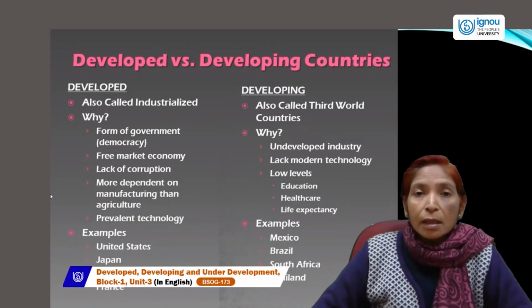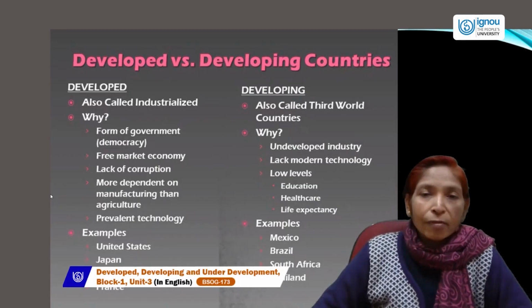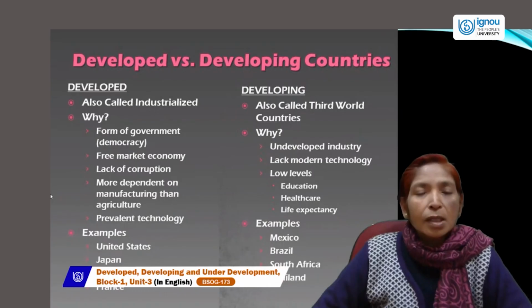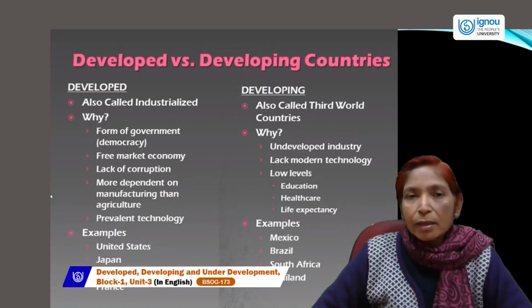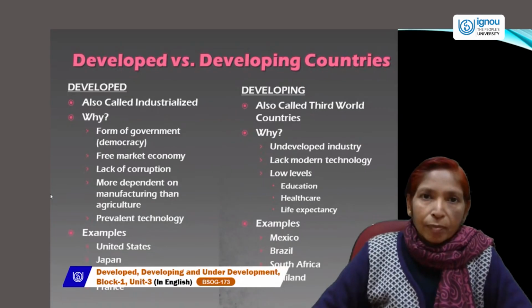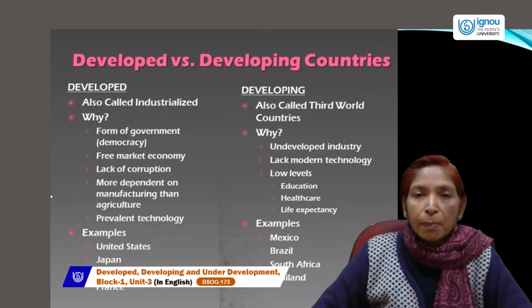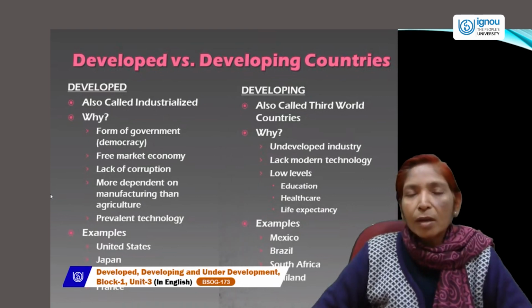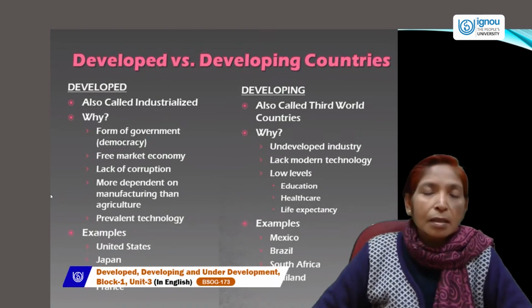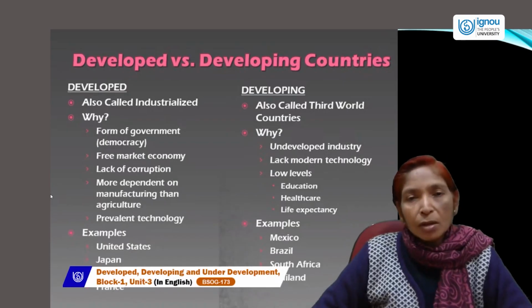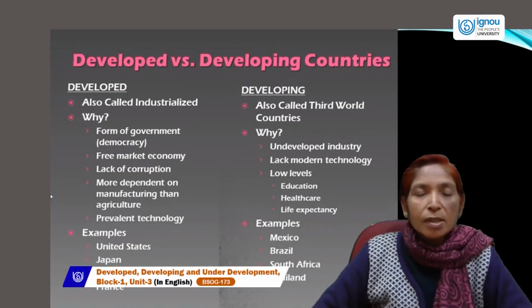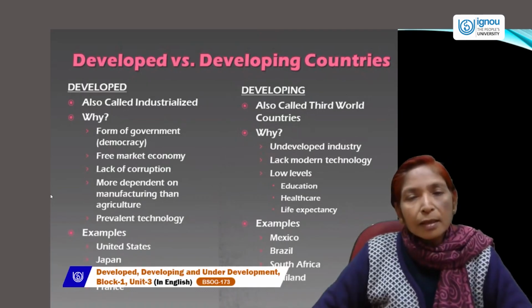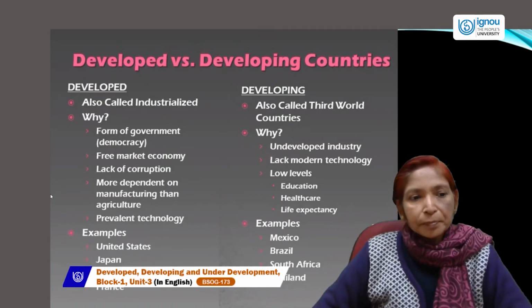But in India, 50% or more than 50% of the country's people are still engaged in agricultural activities, but their per person contribution in GDP is less. That's why our economy is called a developing economy, and other countries' economies are called developed economies, because they are more dependent on the manufacturing sector rather than the agriculture sector.